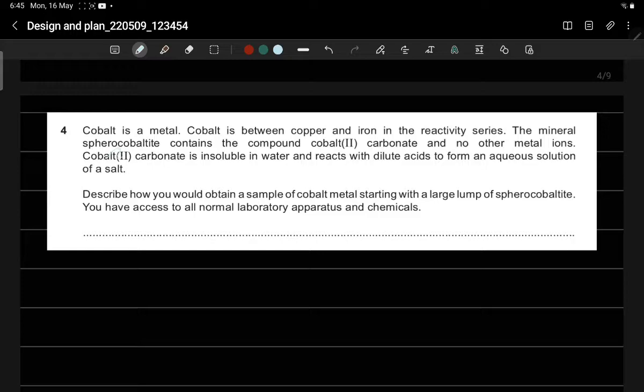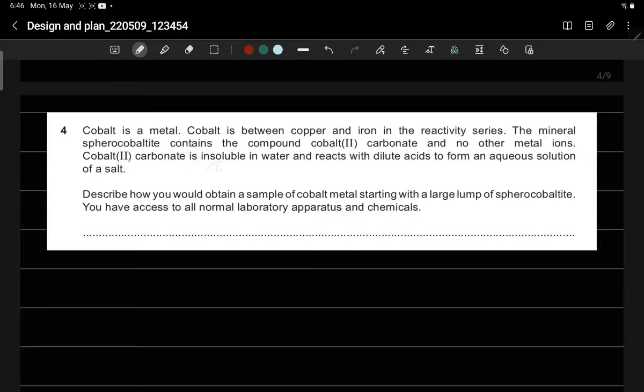The mineral spherocobaltite contains the compound cobalt 2 carbonate and no other metal ions.